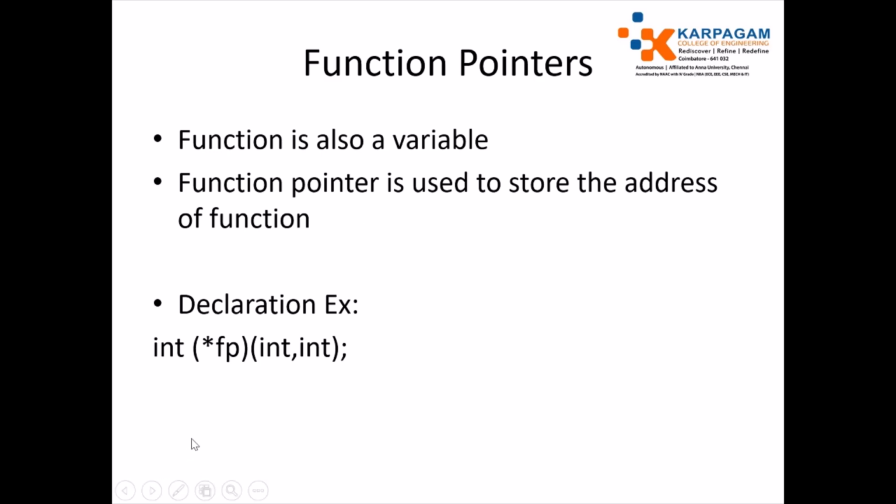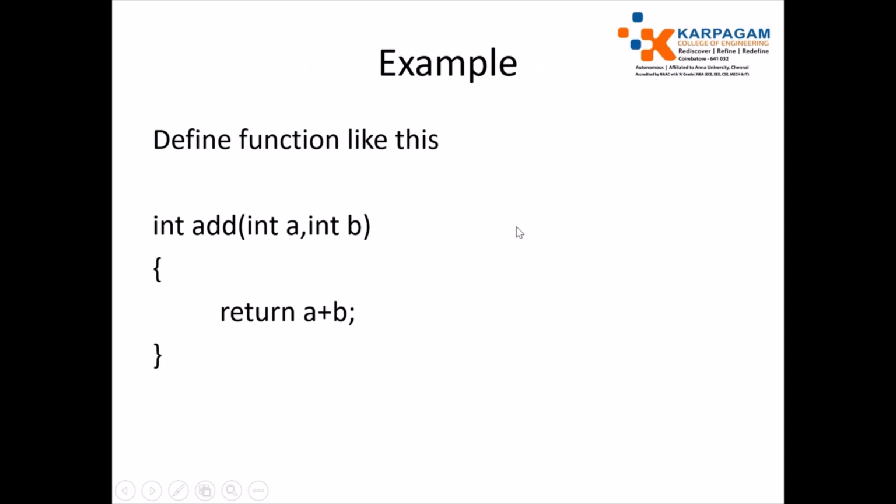This is the example declaration. Here, I have created a function pointer for a function which accepts two arguments and returns an integer. Let me show the demo. I have created a function pointer for storing the address of this function.